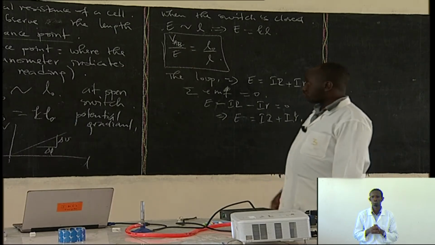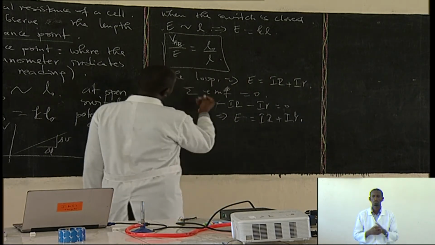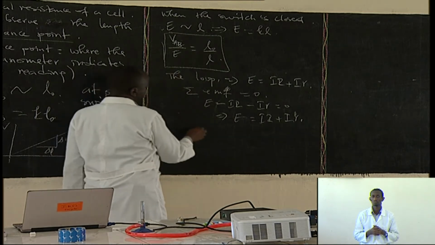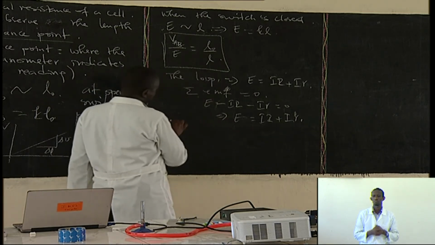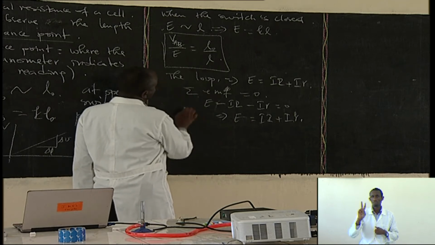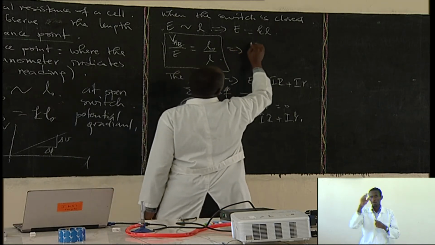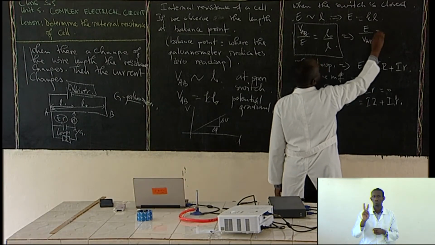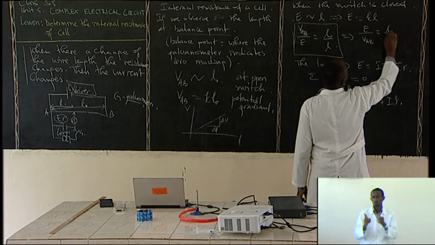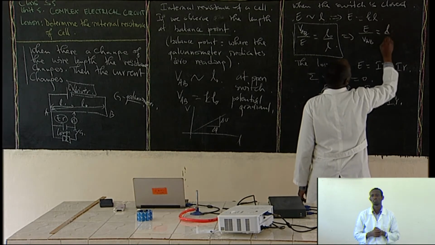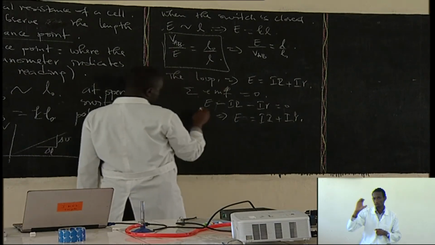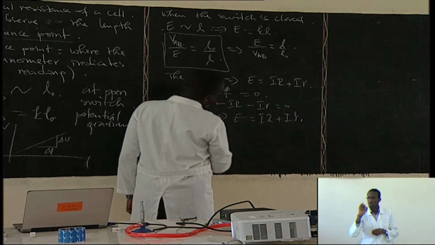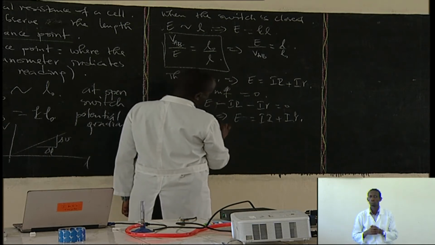So then let's take these things into what we have up there. So we are going to substitute. If we substitute, what do we find? Here we are going to find this is VAB. So this would now mean that E over VAB would now be equal to L over L0. And this time we would have this equal to R plus r, what is that?